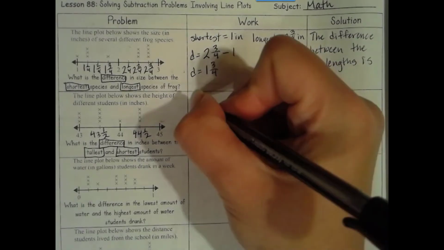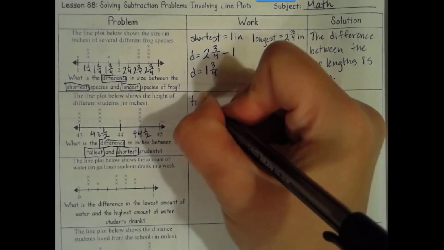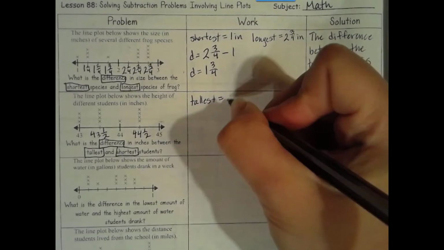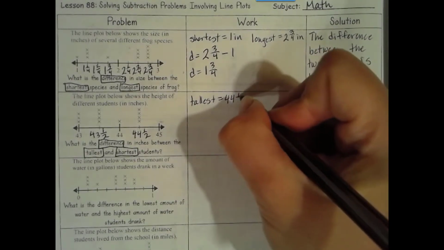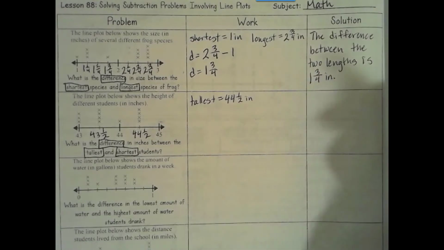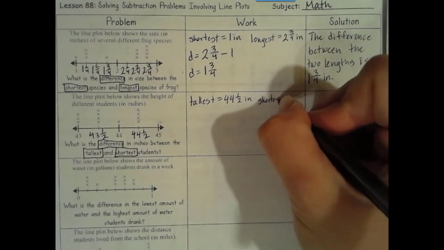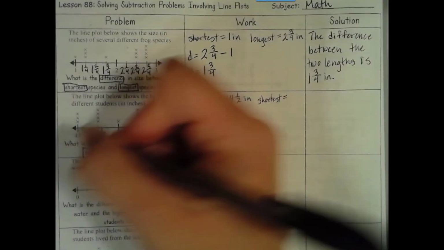So our tallest is 44.5 inches. The shortest is 43 inches.